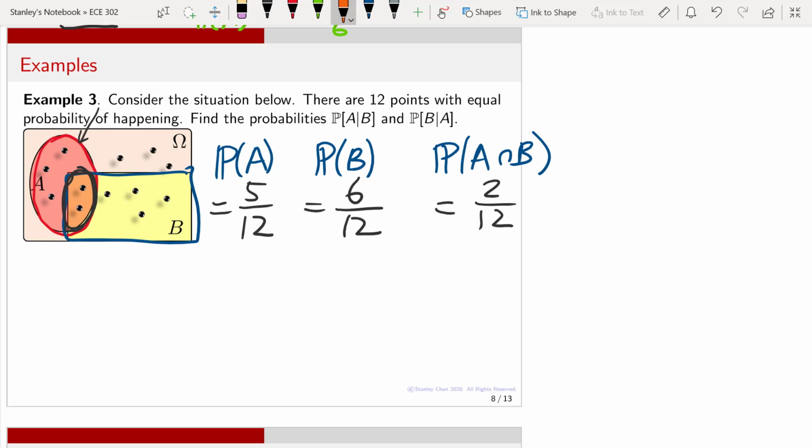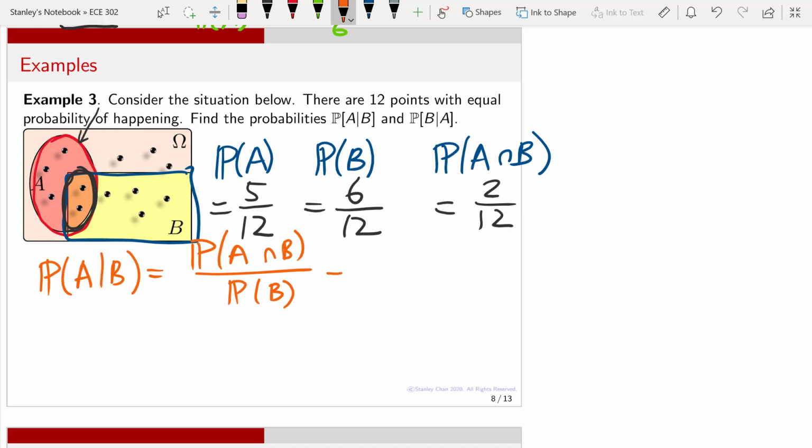So now we can calculate the conditional probabilities. The probability of A given B, this is the ratio between A intersect B divided by the probability of B. This will give you 2/12 divided by 6/12. So you get 2/6, and this is 1/3.